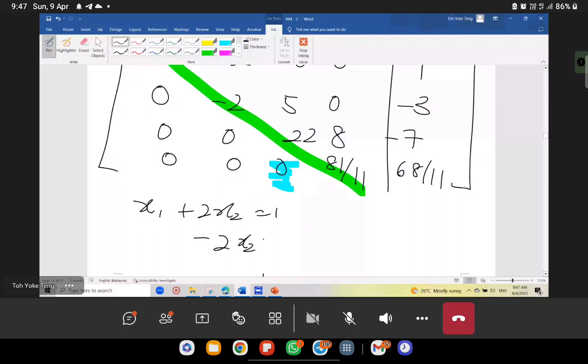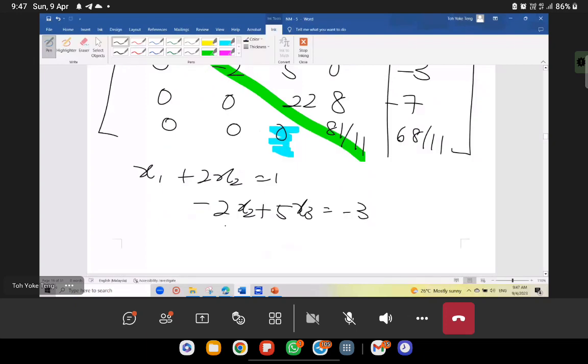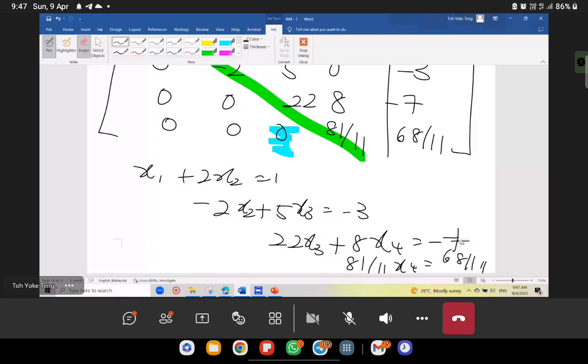Negative 2x2 plus 5x3 equals negative 3. And then 22x3 plus x4 equals negative 7. 81 over 11 x4 equals 68 over 11. Just write it in equation.